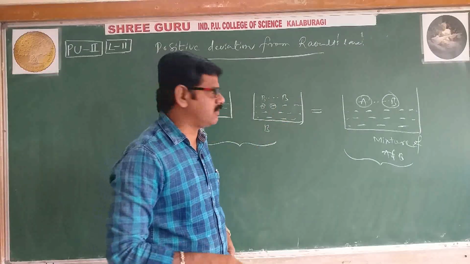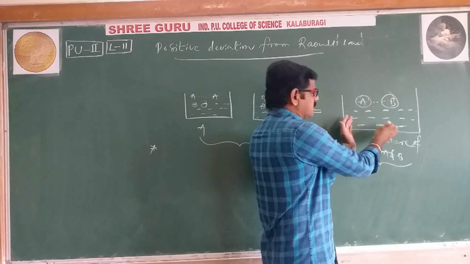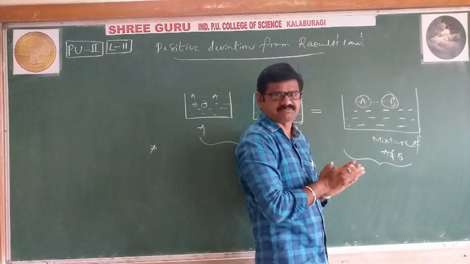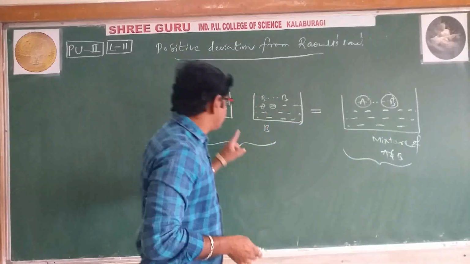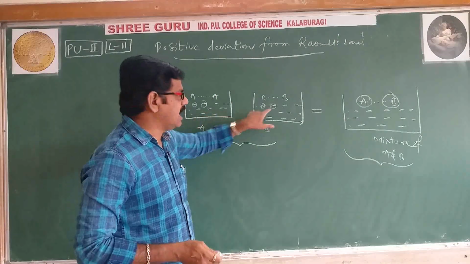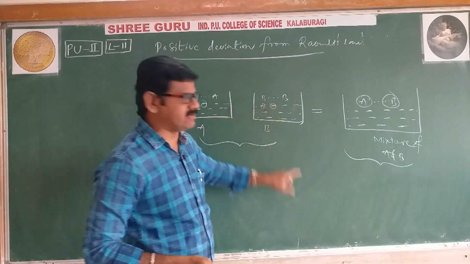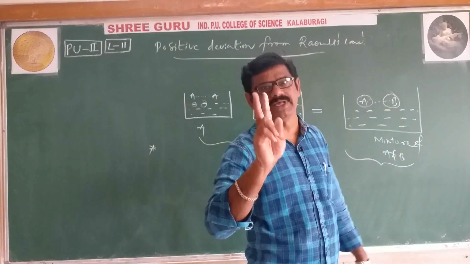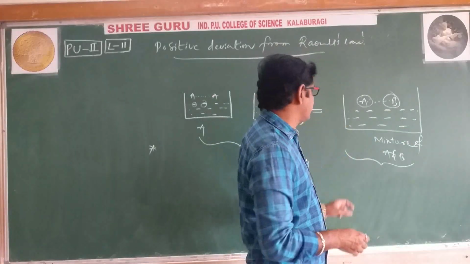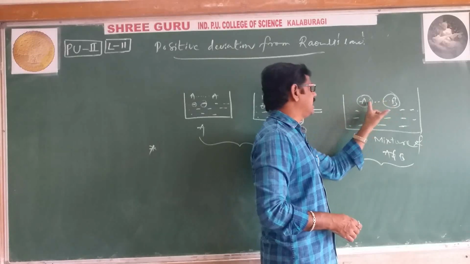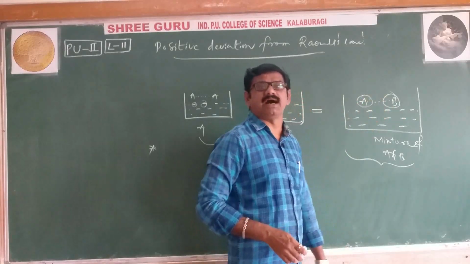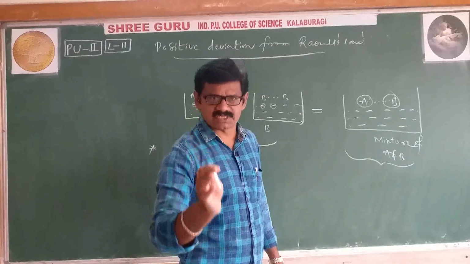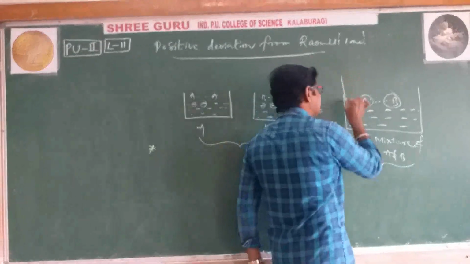The mixture is a solution, because one component can be taken as solute and the other as solvent. It is a binary solution, because we have taken only two components. Between A and B, attraction forces are weak, attraction forces are less. Because of that reason, what happened?